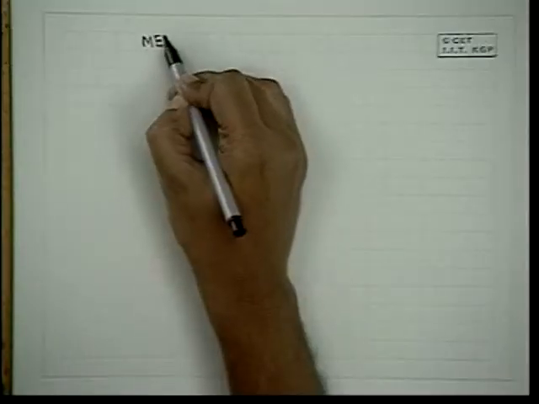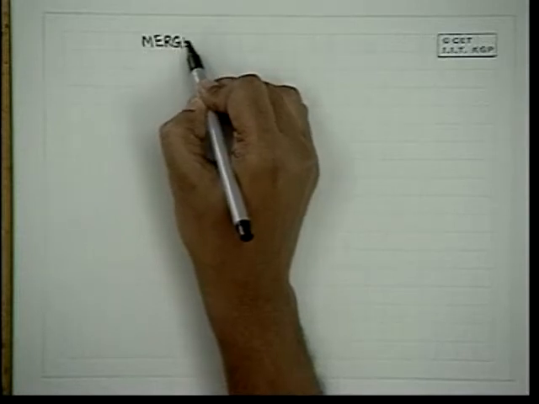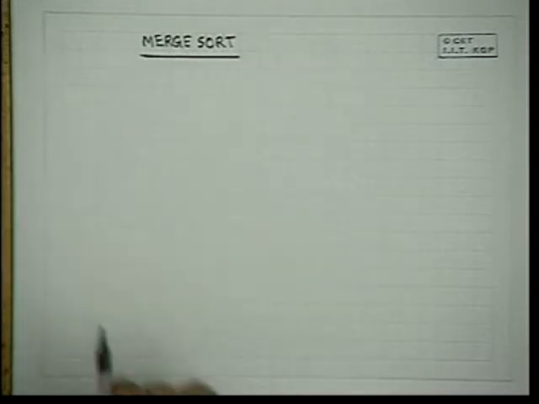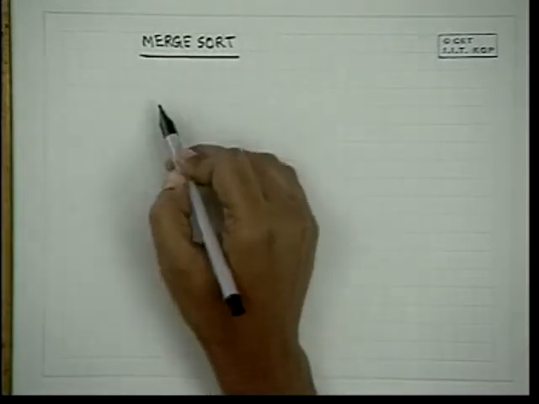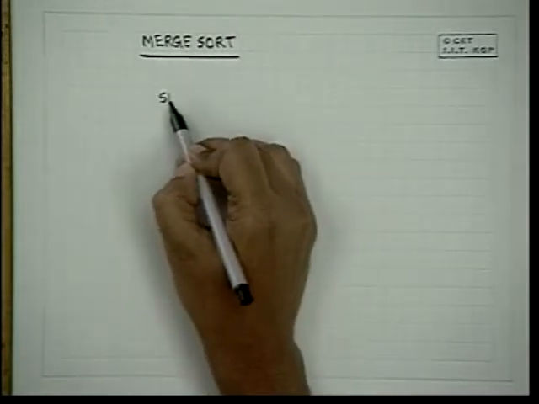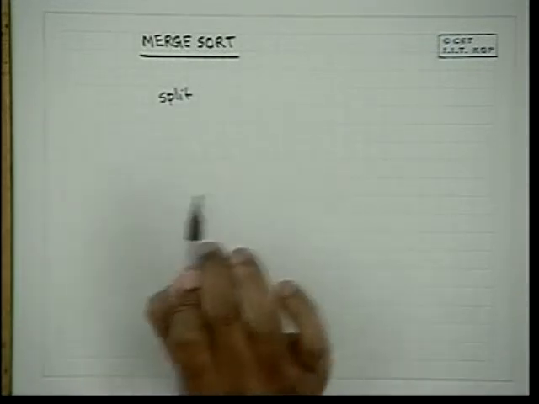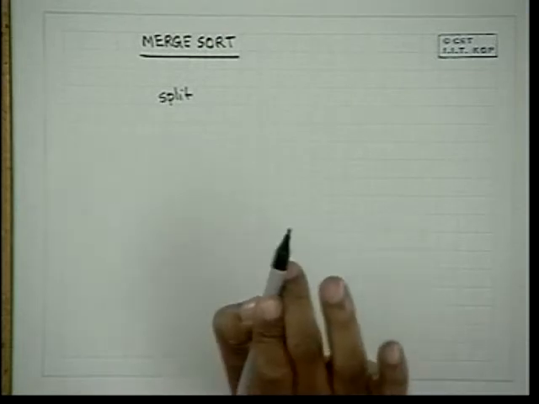Let us see the merge sort problem. You remember, the merge sort problem was: we split into two parts, equal parts or unequal parts or whatever.